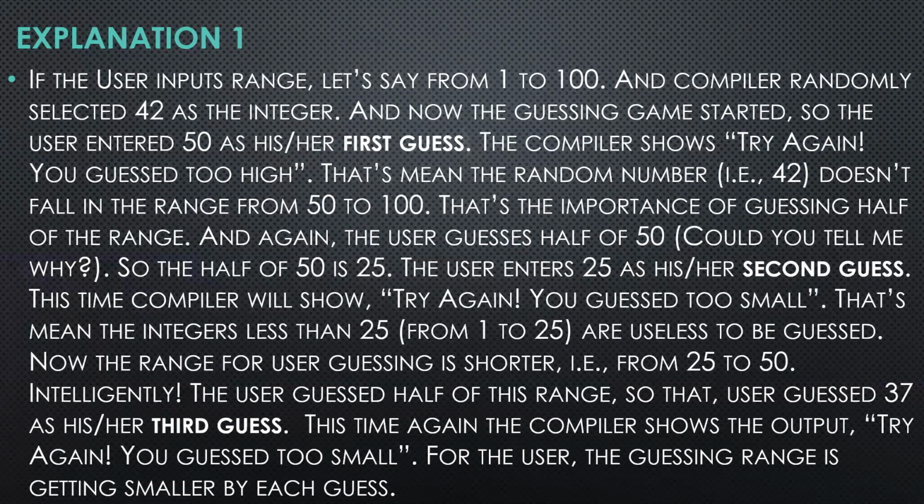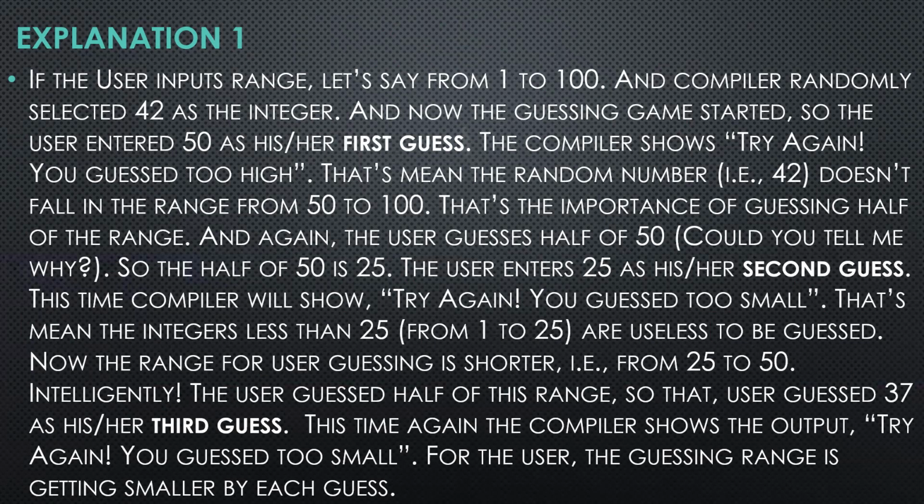So the user enters exactly half the value of 1 to 100 as his first guess, which is 50. As he entered 50, the compiler shows try again, your guess is too high, because 42 is less than 50. That means the random number doesn't fall in the range from 50 to 100.